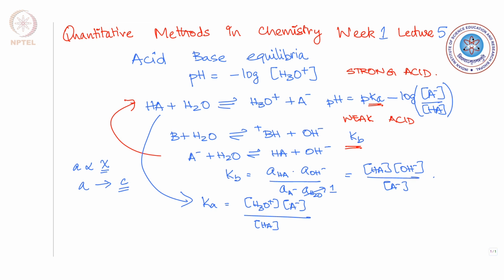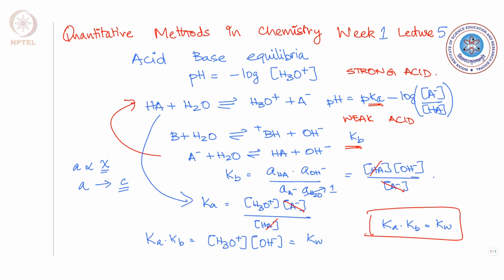So, one is able to realize that if you take the product of Ka times Kb, the HA terms cancel and the A- terms cancel, and you are going to end up with [H3O+][OH-]. This is nothing but Kw. So, for a given chemical, the product of Ka times its Kb is equal to Kw.